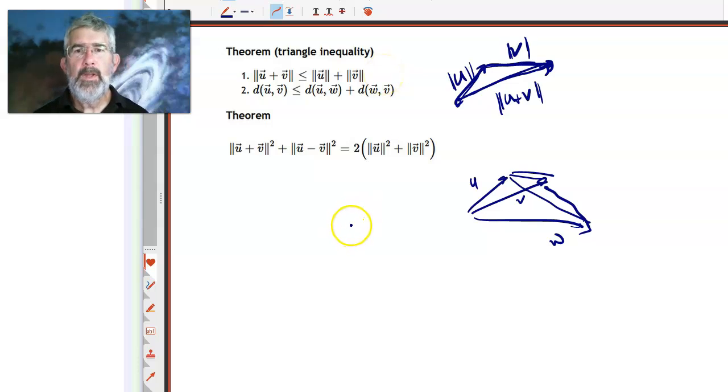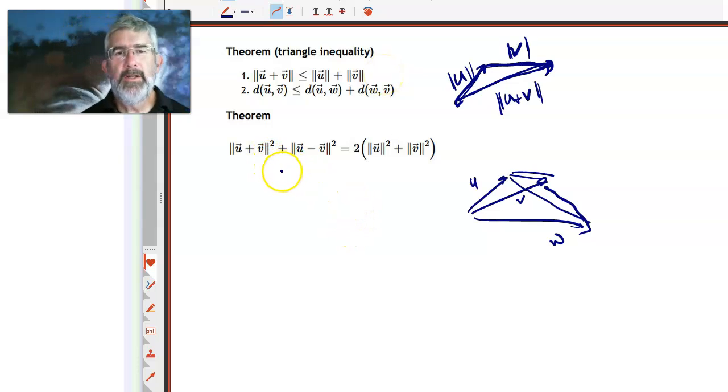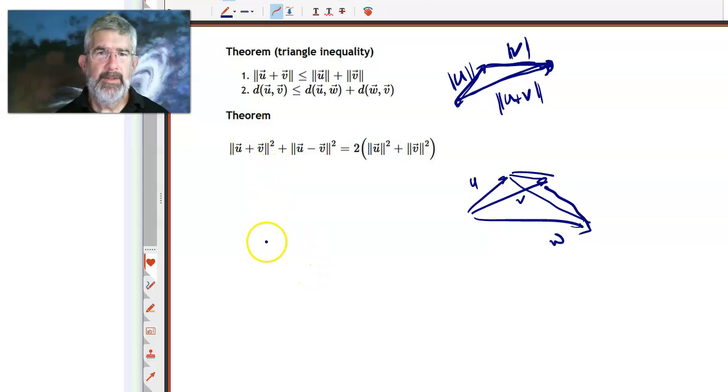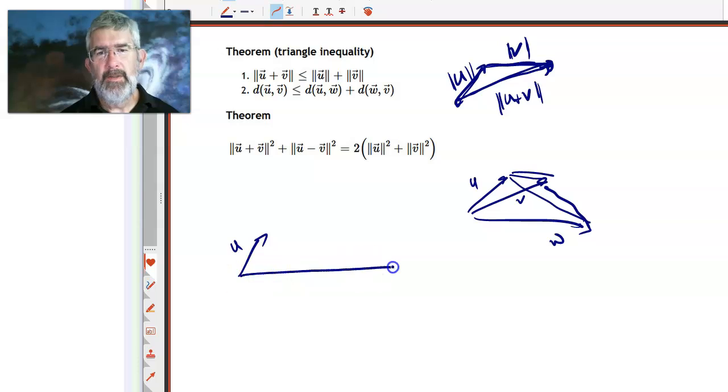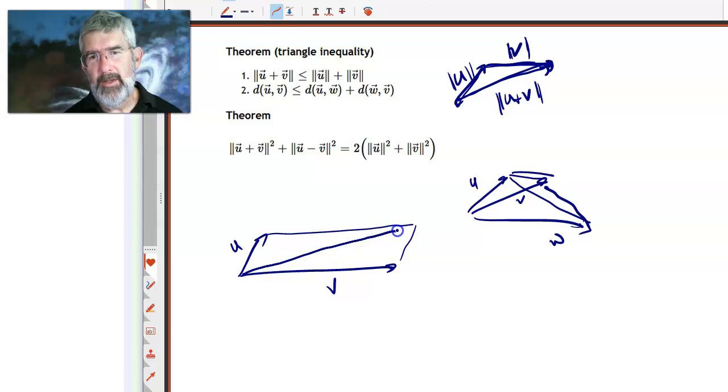Okay. And lastly, there's a theorem here that I'll admit to you, I never use it, but it's curious geometrically anyway. If this is the vector u and this is the vector v, then think of the parallelogram determined by those two. u plus v is the vector that is this diagonal, and u minus v is the vector, I guess, going this way.